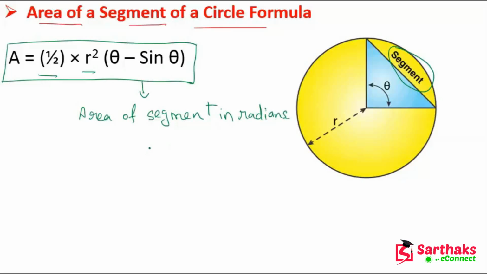Now what is the area of the segment in degrees? The area is equal to half into r square into pi upon 180 into theta minus sine theta.